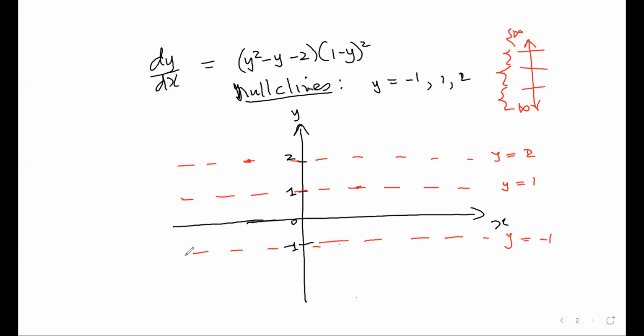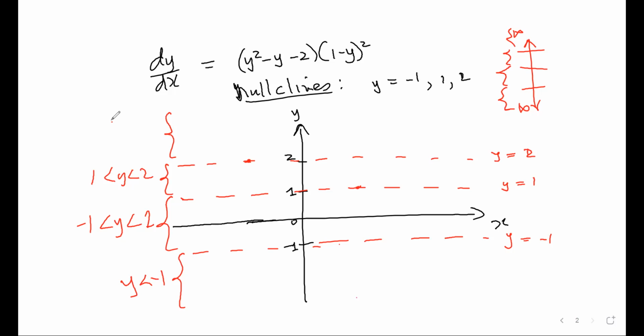So we have this interval here, this interval here, this interval here, and this interval here. In this interval, y is less than minus 1. Then here we have minus 1 less than y less than 1. Then 1 less than y less than 2. And then y greater than 2.